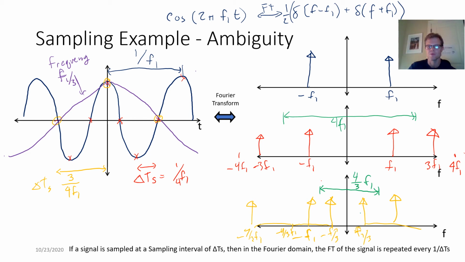We started with that, but we added these replicas. In this case, these replicas were not far enough apart, meaning our sampling interval was too coarse in time, and thus we get what is called an aliased signal in this case. So this introduces the concept of aliasing.